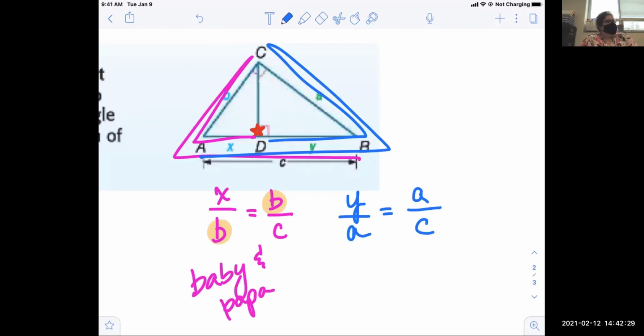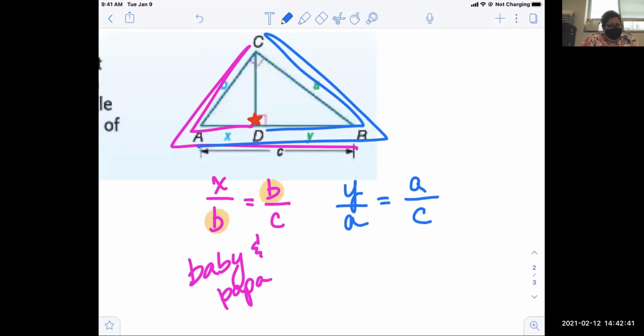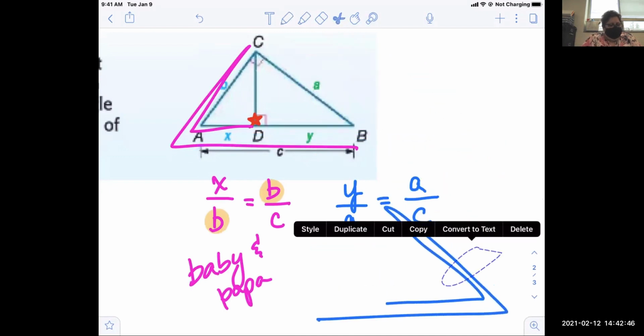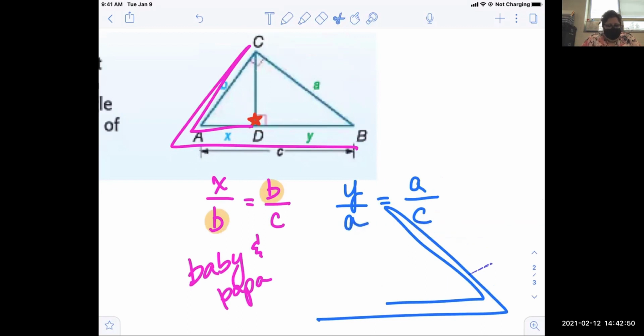The blue proportion, which triangles are being compared there? Kylie, which triangles are being compared with the blue marks? The pink one is comparing Baby and Papa. What's the blue one comparing?